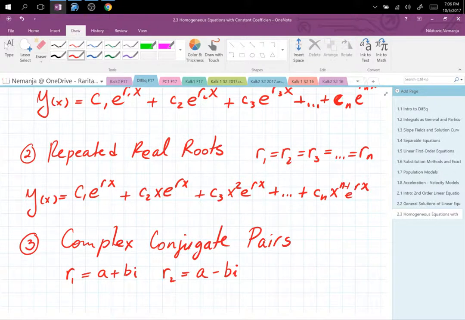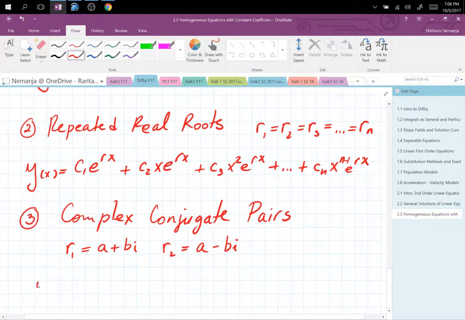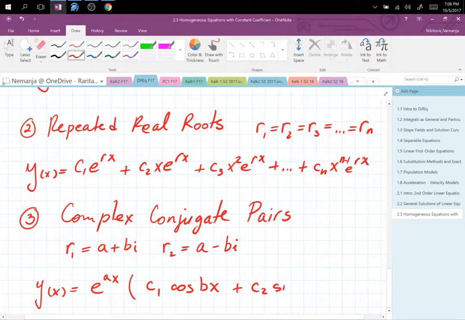And if that happens, you have the complex solutions, which produce the good old y of x is equal to e to the ax times c1 cosine bx plus c2 sine bx.